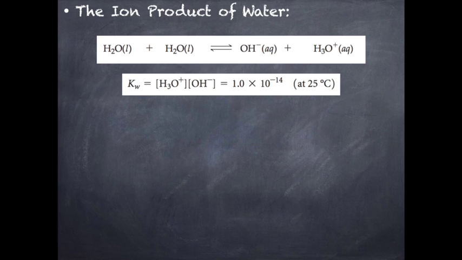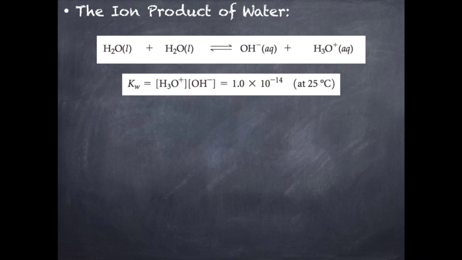It's Kw, and that equals, just as a review from equilibrium, products over reactants. Well, your products are hydroxide and hydronium, so you've got those concentrations. The reason why we exclude liquid water is because it's a pure substance. And so the concentration of the hydronium ion times the concentration of the hydroxide ion, those multiplied by each other, gives you 1.0 times 10 to the negative 14th.